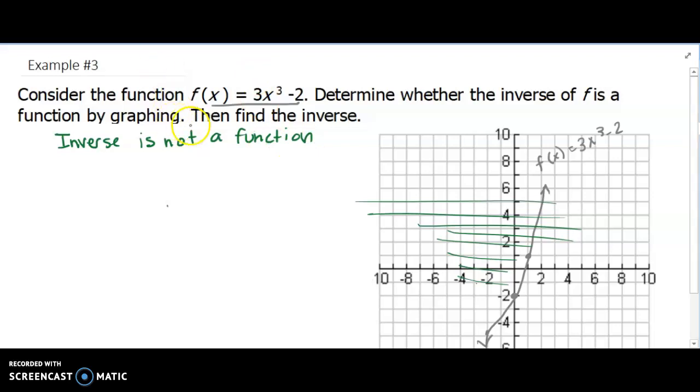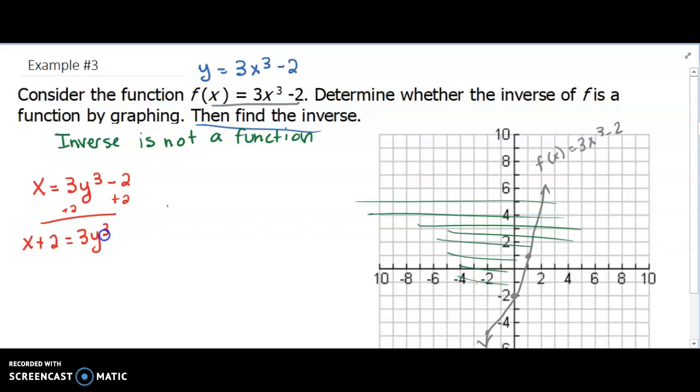Okay, now we want to find the inverse. Okay, so once again, this is y equals 3x cubed minus 2. So what I'm going to do is interchange the x and y. So x equals 3y cubed minus 2. If I add 2 to both sides, I'm left with x plus 2 equals 3y cubed. Okay, divide both sides by 3.